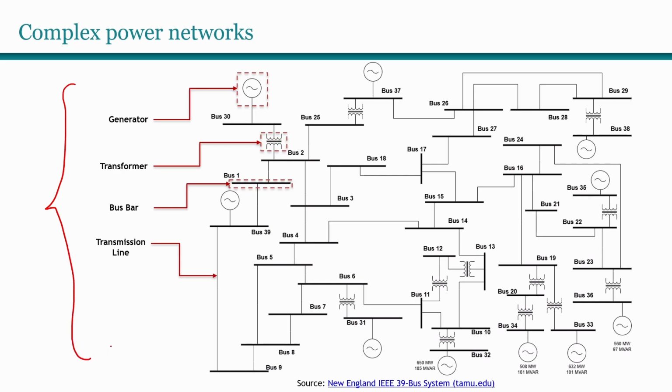Notice how many generators, transformers, bus bars, and transmission lines are present here. Imagine obtaining equivalent circuits and solving them for such a system. Even with the computational power we have nowadays, this can be a daunting and sophisticated task. Hence, we need to come up with a better and more efficient way of doing this.